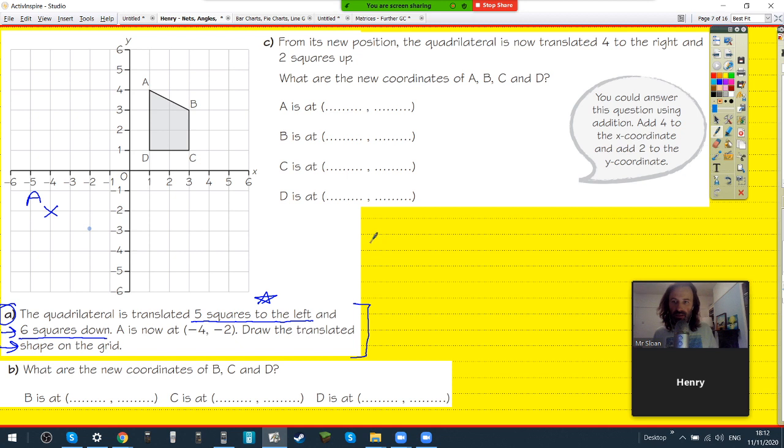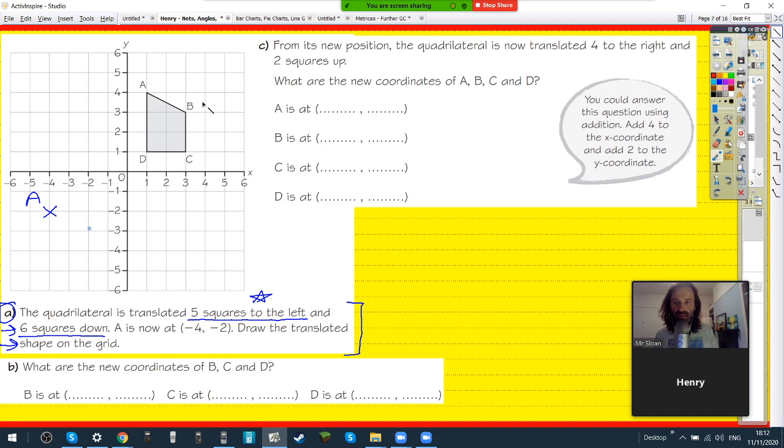Yep. And has the shape gotten any bigger or smaller if you slide it across? No. And so rather than move all four corners, once you have one of the corners, you can just begin to draw the shape from that. So B is 2 to the right, 1 down from A. So you could just say 2 right, 1 down and draw it that way.